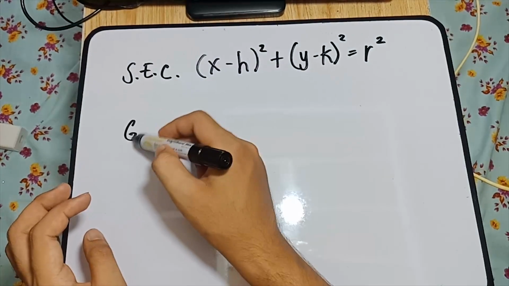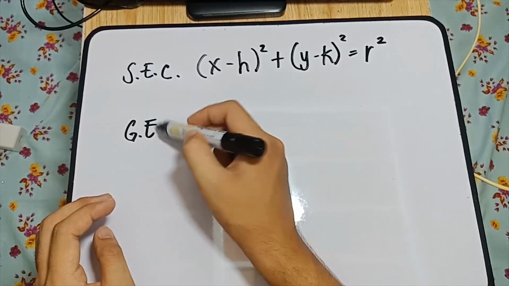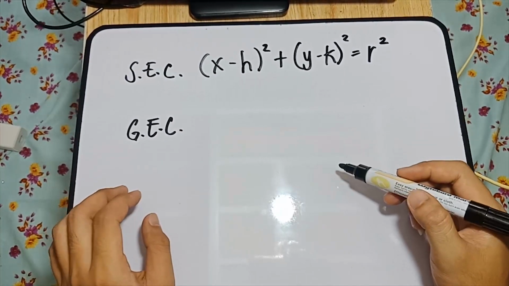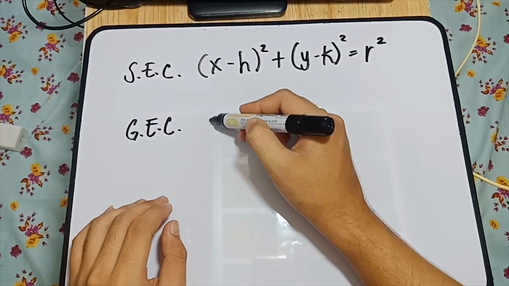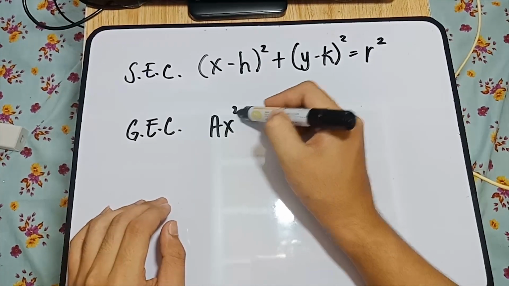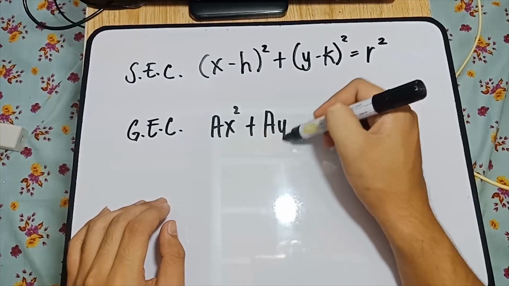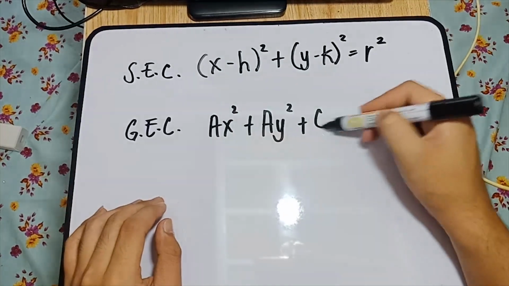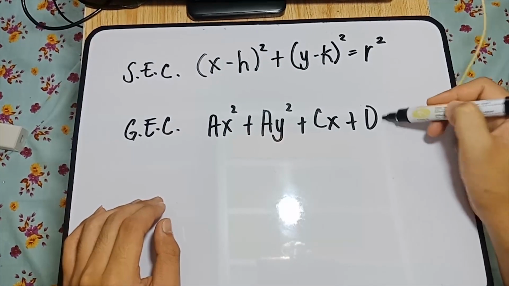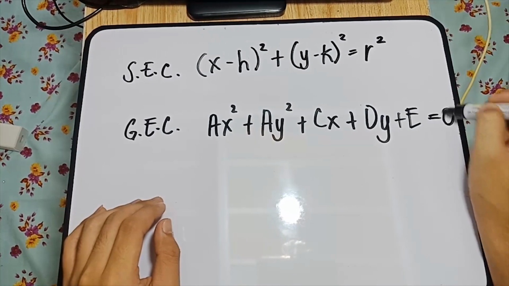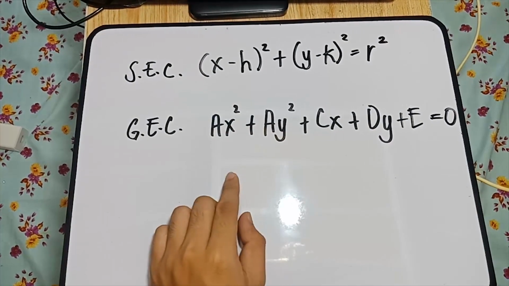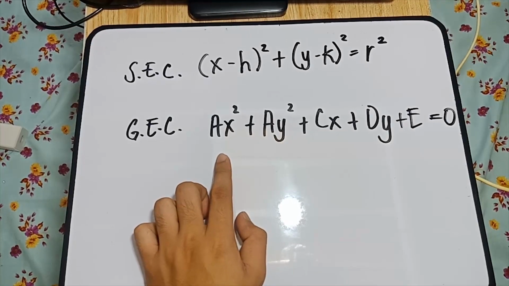So, yung general equation or general form of the circle can be written as ax squared plus ay squared plus cx plus dy plus e equals 0. That is the general form of equation of a circle.